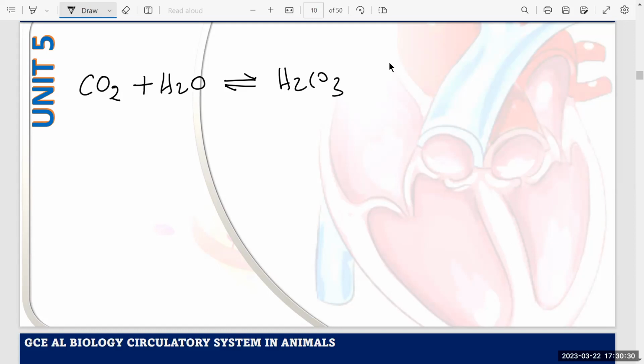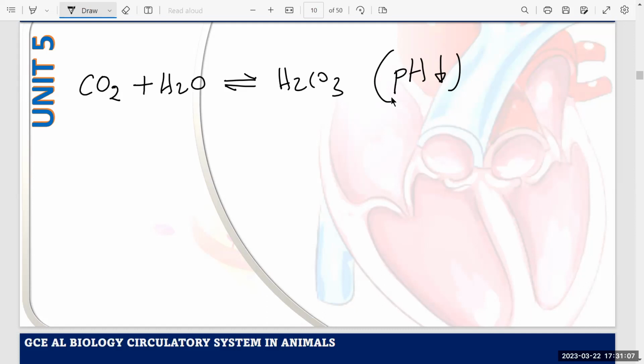Now, why do people add carbon dioxide into the drinks? So they can form carbonic acid. If carbonic acid is formed, what happens to the pH? pH decreases. So you have a good knowledge of chemistry. So you know pH 1, 2, 3, 4, 5, 6, 7.